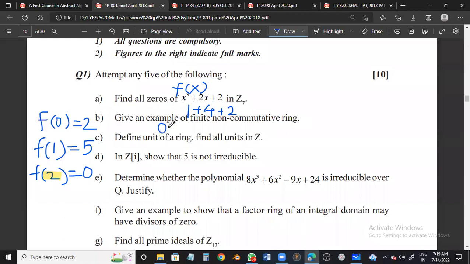Therefore 0 is not a zero of f in Z7. So this is the proper statement of writing.